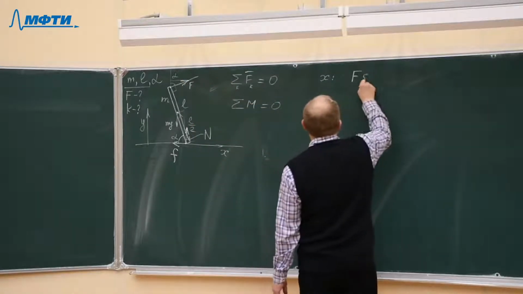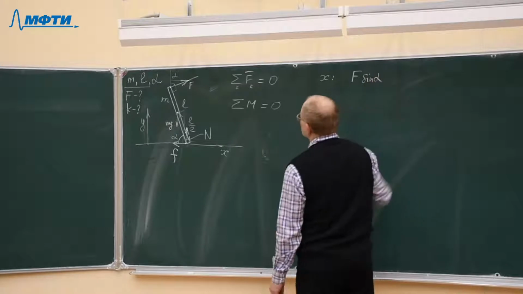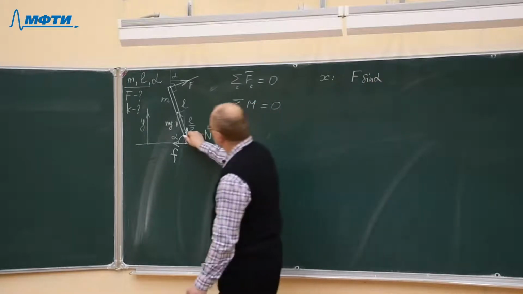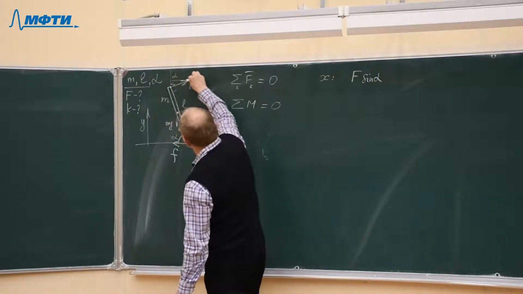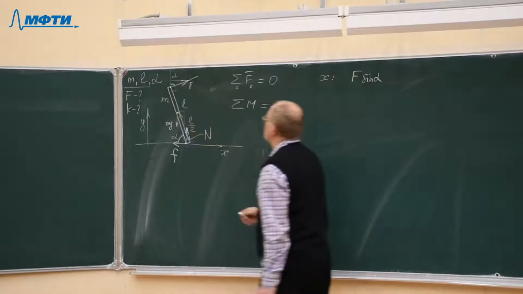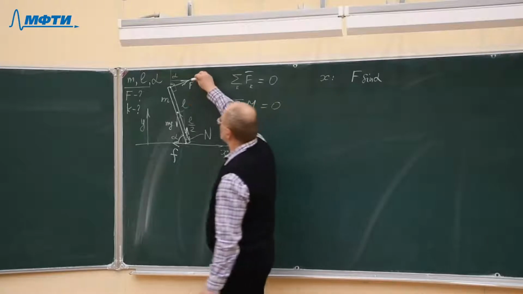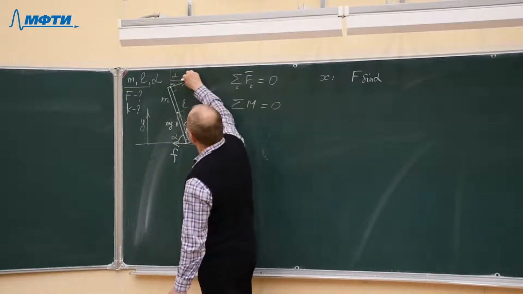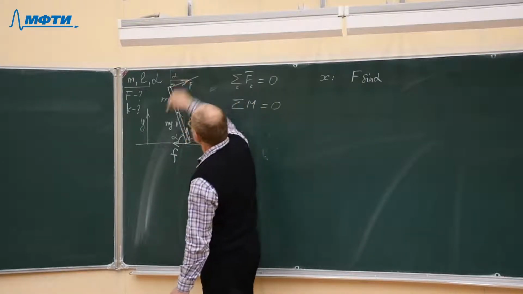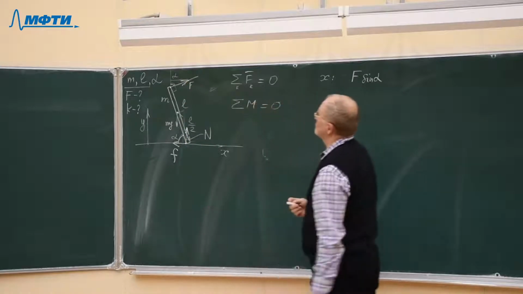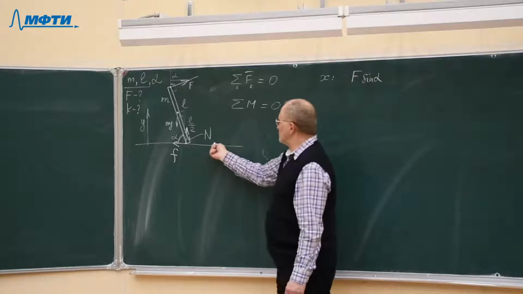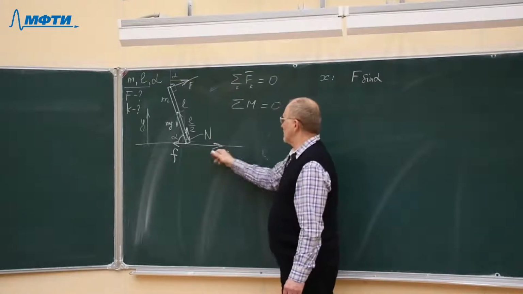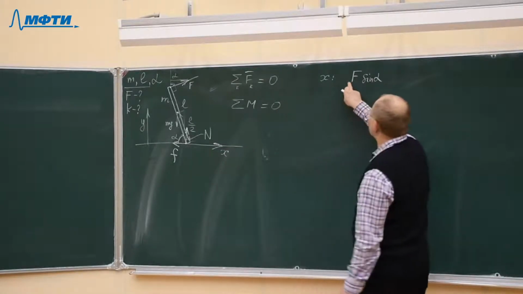alpha, because if this angle is alpha, then this angle is also alpha, and the horizontal component will be F sine alpha, because we want to know this leg in the right triangle. This force is directed in the positive direction of the x-axis, so I will take it with this plus sign.